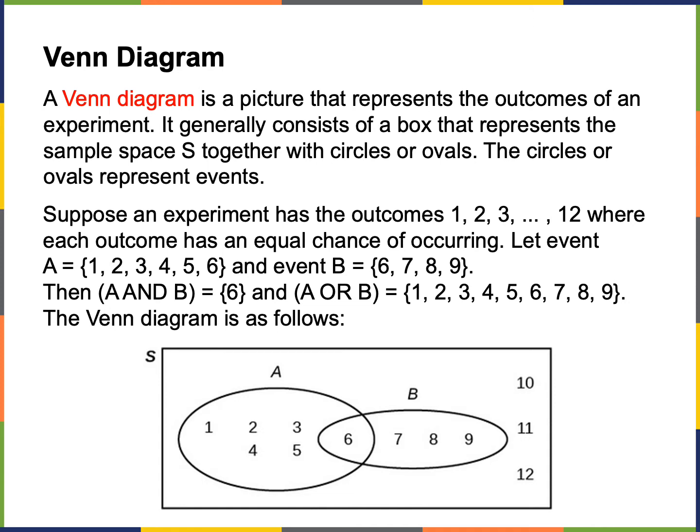Suppose you have an experiment with the outcomes being the numbers 1 through 12, where each outcome has an equal chance of occurring. Let A be the numbers 1 through 6, and let B be the numbers 6 through 9. The intersection of A and B is the number 6, and A or B would be everybody, 1 through 9. This is what the Venn diagram would look like.